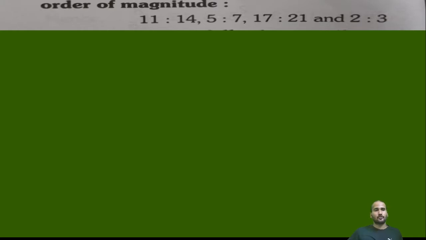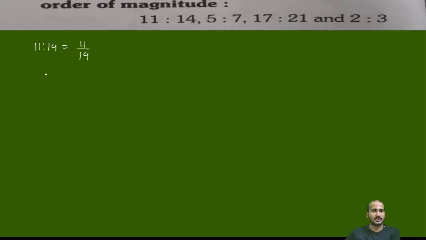The question is: arrange the following rationals in ascending order of magnitude. So I have to convert these numbers into fraction form and arrange them in ascending order. Look, students, this value is given as 11 ratio 14, so we write 11 upon 14.